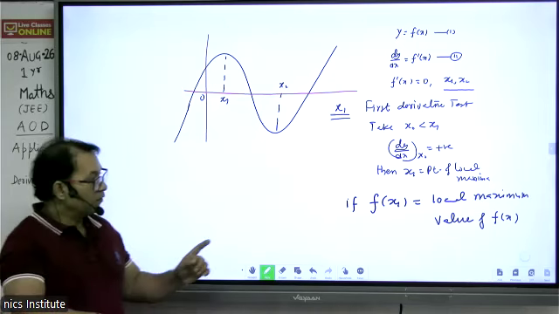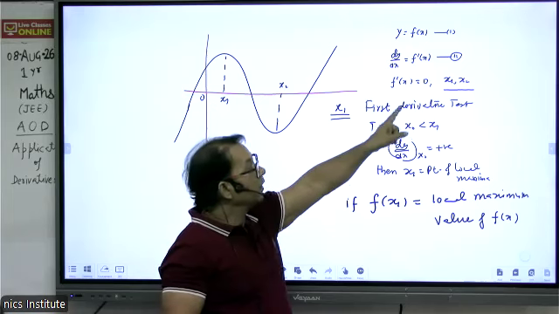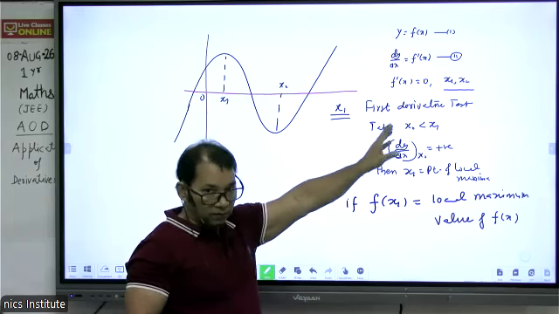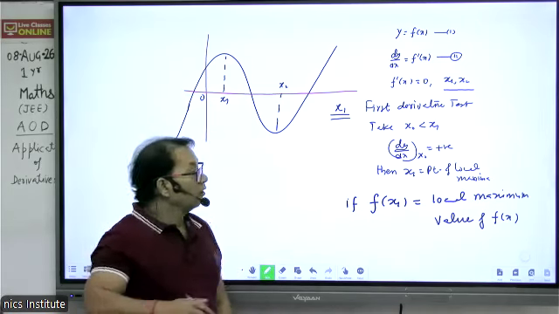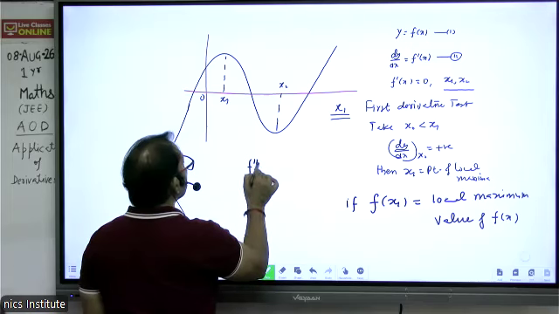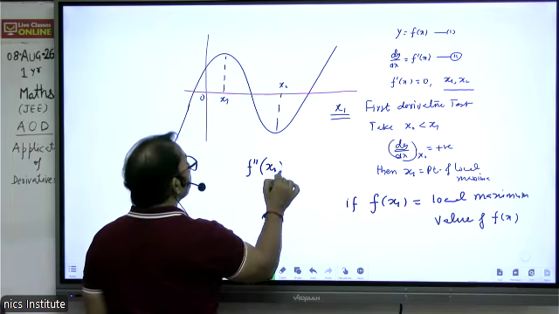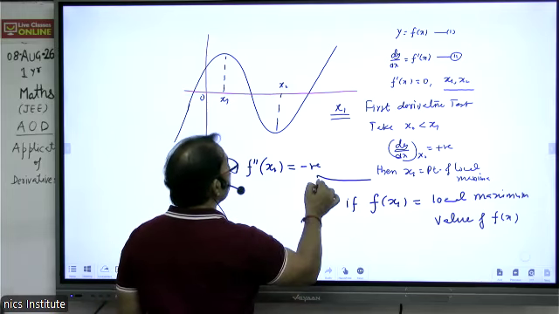By mistake, if you substitute this point in the derivative, you'll get 0. In the answer also, marks also. Because at x1 the derivative is 0. Or you can find the second derivative, f double dash x1. Will it come out to be negative? Again, it is a point of local maxima.